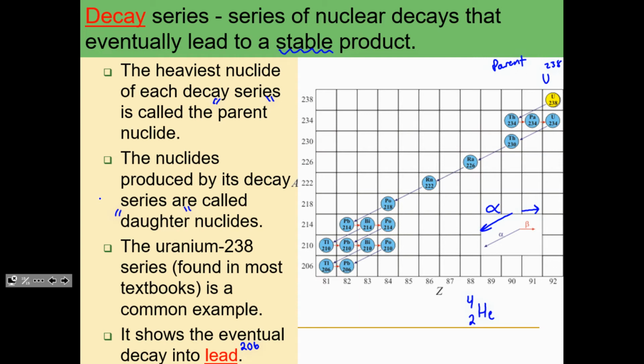And so if we follow the path, we can continue all the way down, and eventually we end up at this final resting product. And you'll notice there are actually multiple routes here. You'll see multiple lines together. We can reach lead-206, which is stable, by taking different paths.